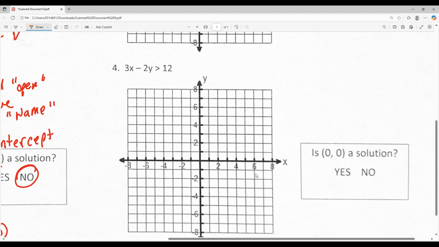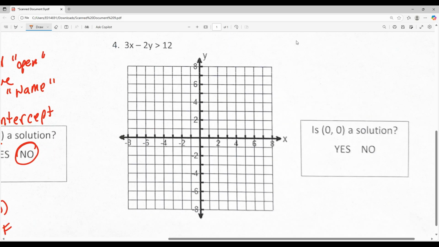And then number 4. Okay, so this is in standard form. All the other ones were in slope-intercept form. Now, we're going to do our x-intercept and our y-intercept. Your y-intercept is when x is equal to 0.